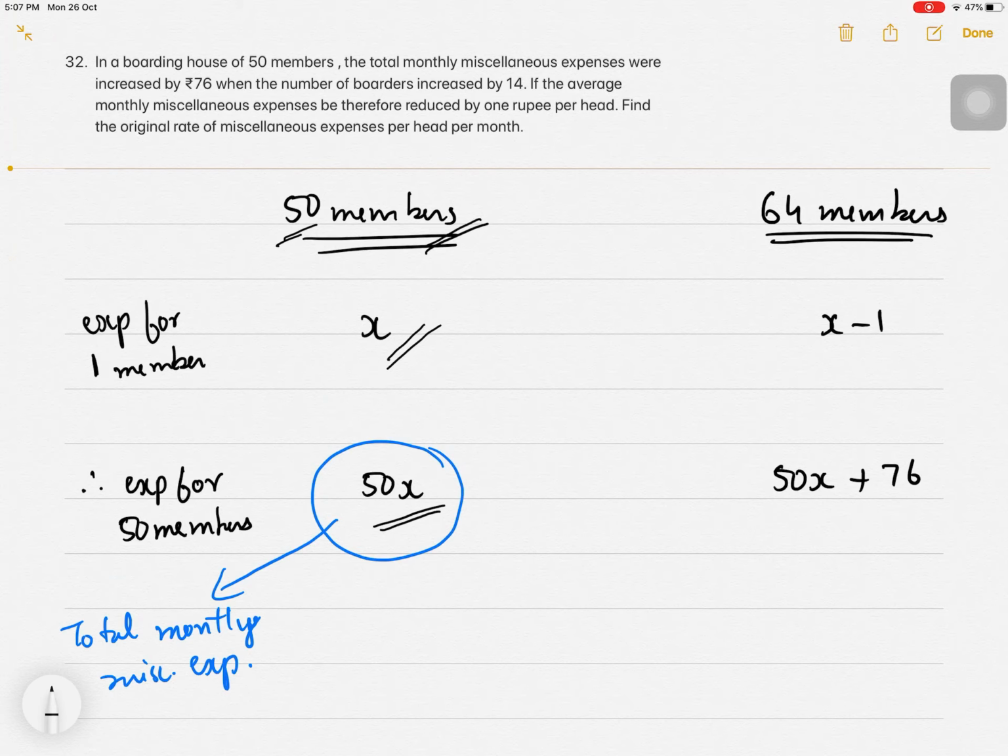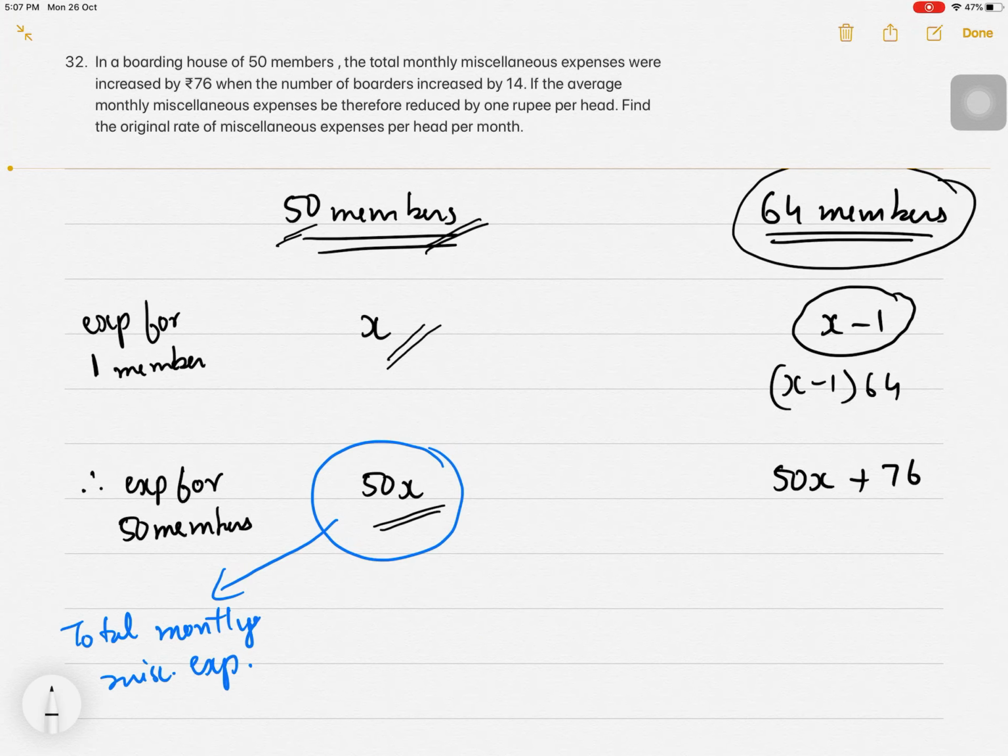So expense for 64 members would be x minus 1 into 64.